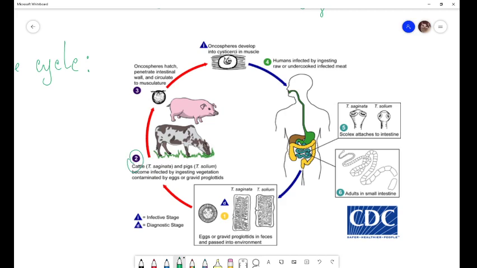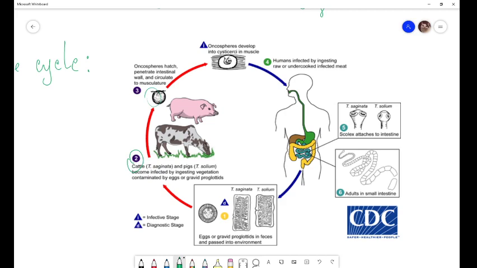In the animal's intestine, the oncospheres hatch, and these oncospheres invade the intestinal wall and migrate to the striated muscles, and in these muscles they develop into cysticerci, the name of the next stage of the larva. Cysticercus can survive for several years in the animal.